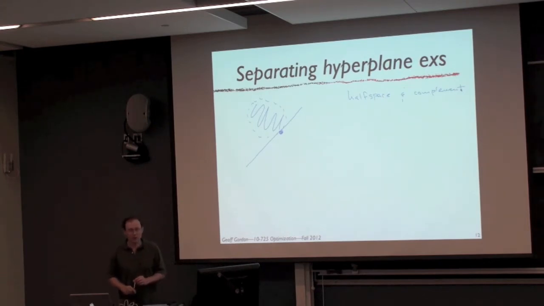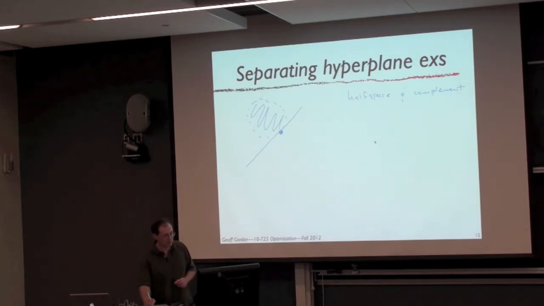All right. So I was thinking of an even trickier example. If I take the set y is greater than or equal to 1 over x, so that looks like this, and then the set y is less than or equal to 0, which looks like this.